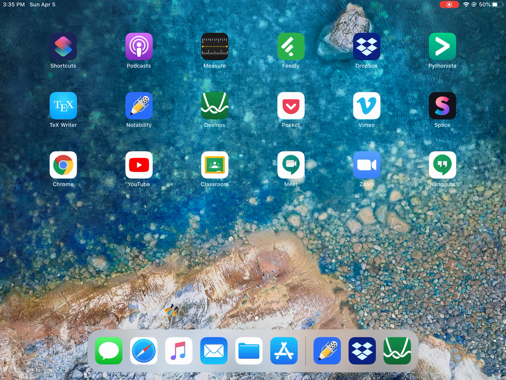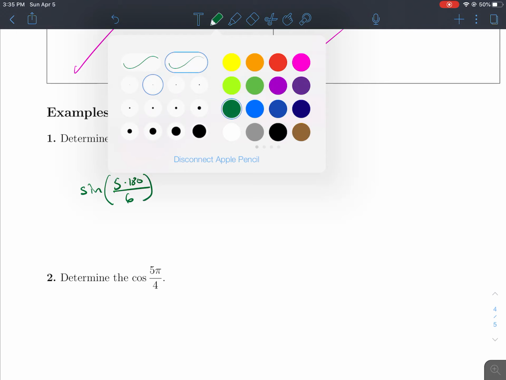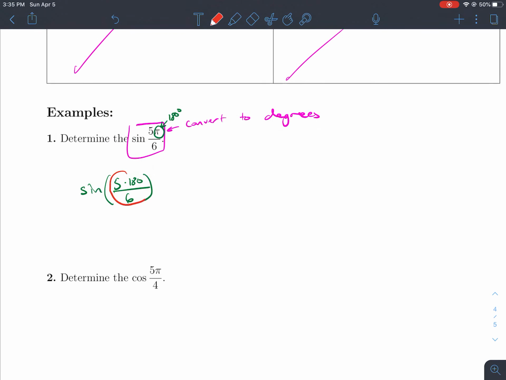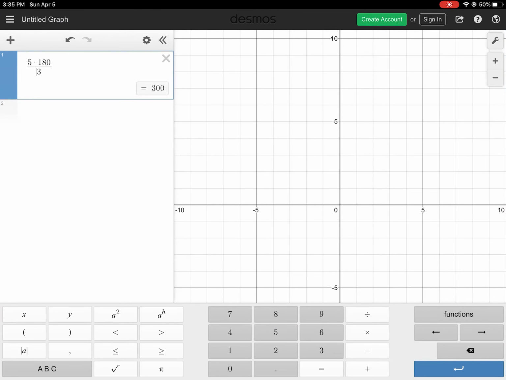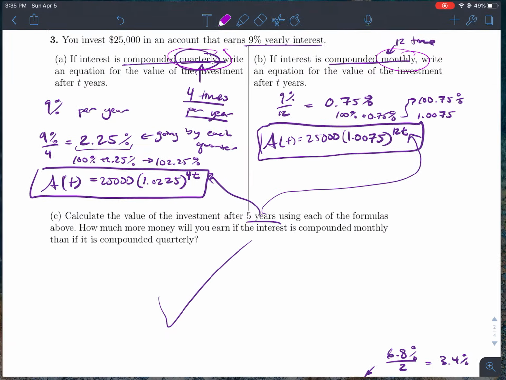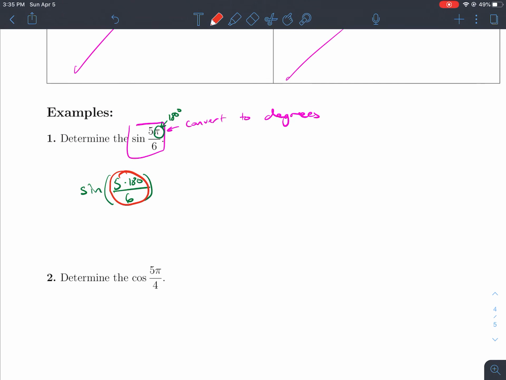So let's do that. Oh, and actually, instead of doing the whole thing all at once, let's convert the angle. So this is 5 times 180 divided by 6 this time. That's 150 degrees. So this is going to be the sine of 150 degrees.